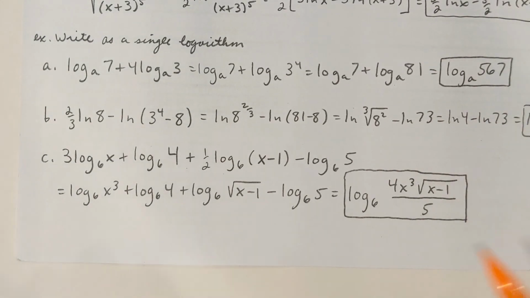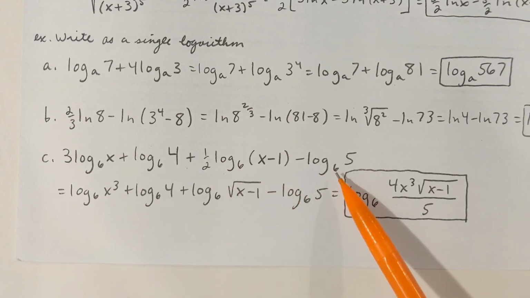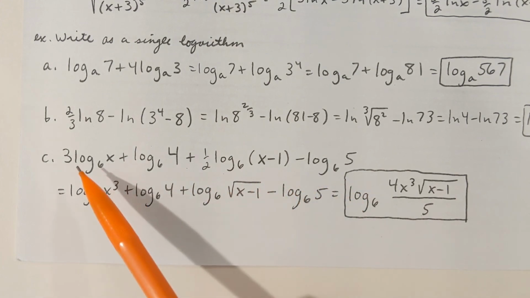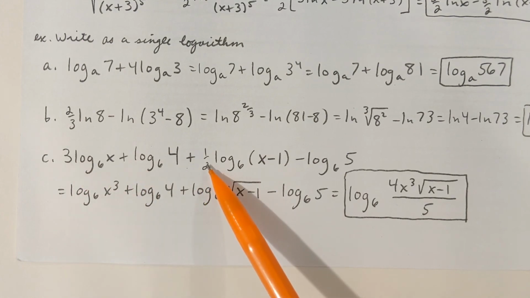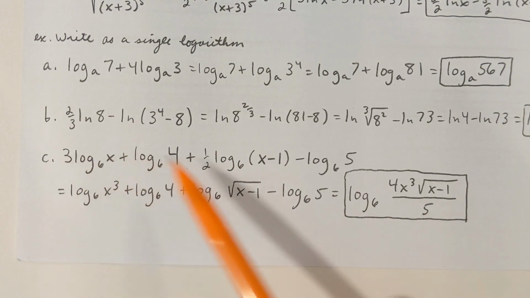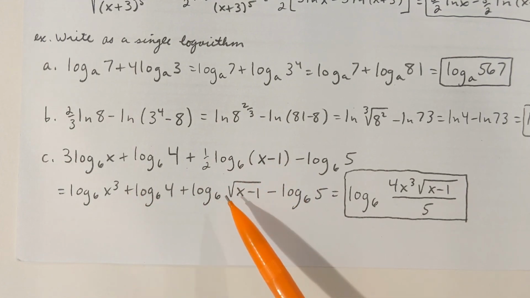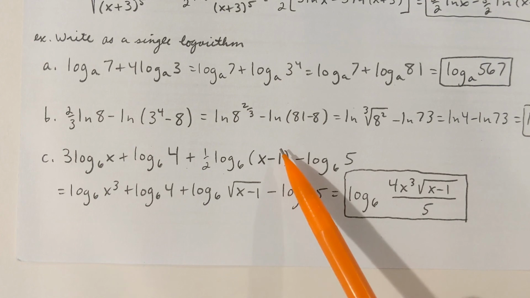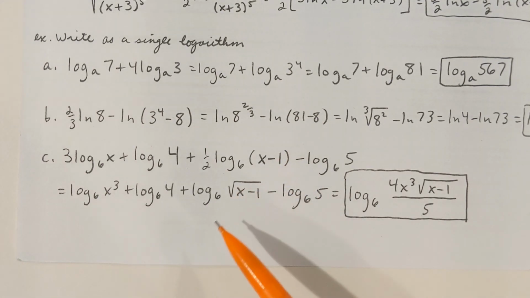Part C. Okay, now I've got the same base here on all 4 of these. I'd say, why don't we begin by taking care of the multipliers that are on the first and third terms. You can pull those numbers inside so that they're powers of the inner part. x minus 1 to the 1/2, I'm using radical notation. That's the same as the square root of x minus 1.